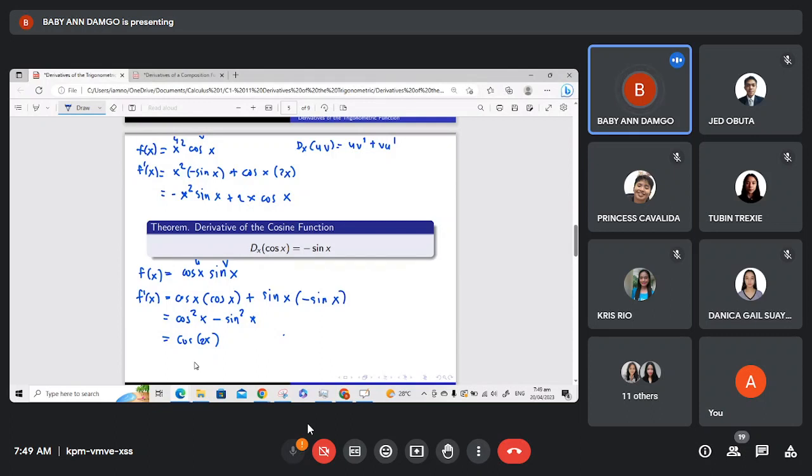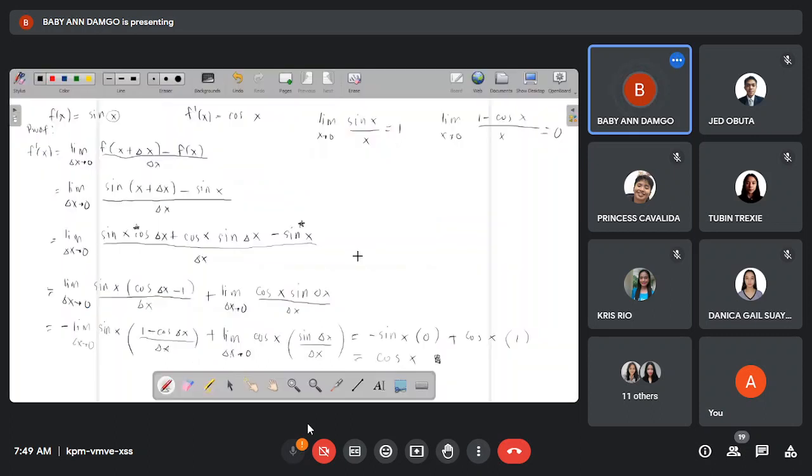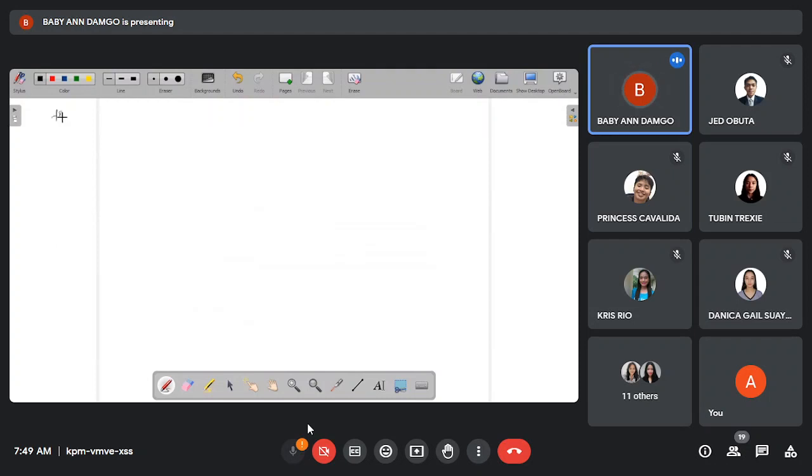Sige. So ito ni siyang i-prove. So if you have f of x which is equal to cosine x, so ang derivative ana is equal to negative sine x. Okay?